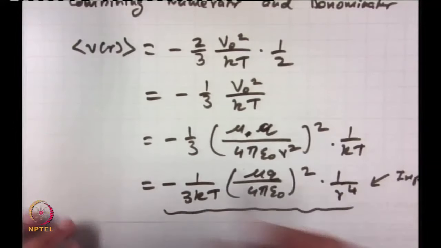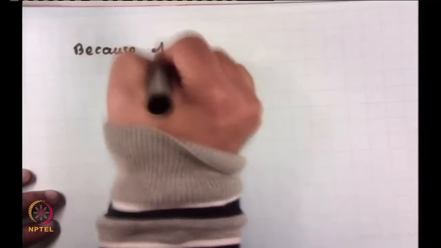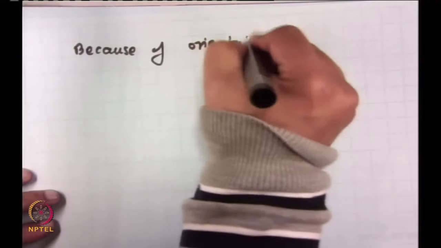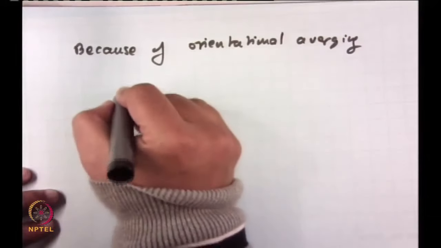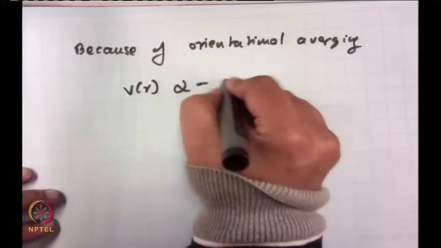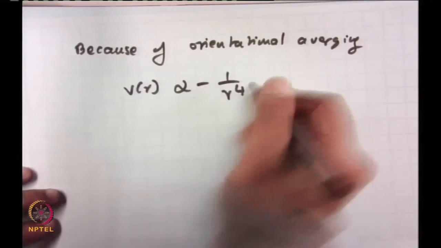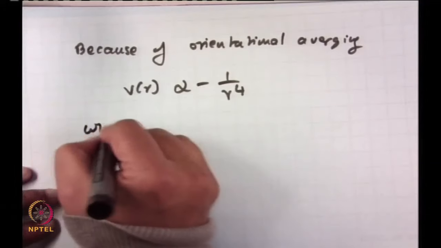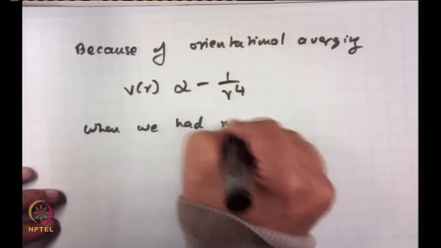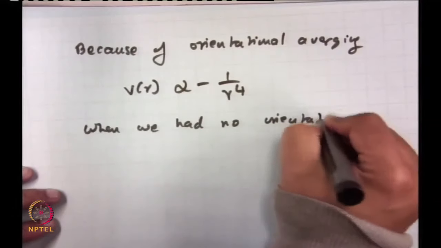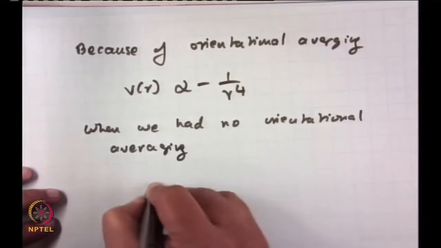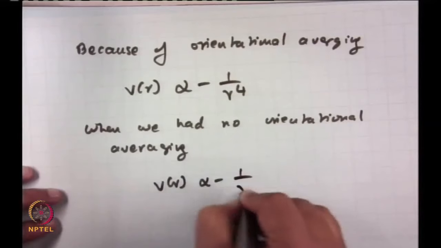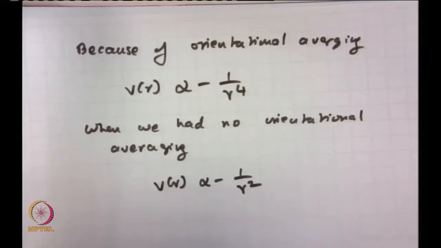And the second point is, because of orientational averaging, now V of r is proportional to minus 1 by r to the power 4, when we had no orientational averaging, then V of r was proportional to what? Minus 1 by r squared.